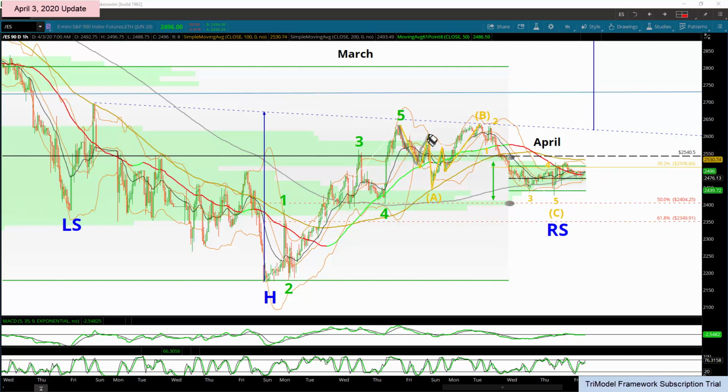A, B, C, counter trend move that manages to take out the high of wave 5, followed by a 5-wave move down. 1, 2, 3, 4, 5. So 3 waves down is A, 3 waves up is B, and then 5 waves down is C. Okay?